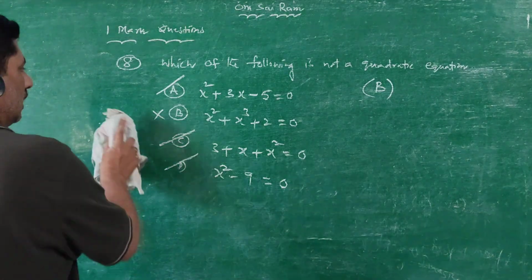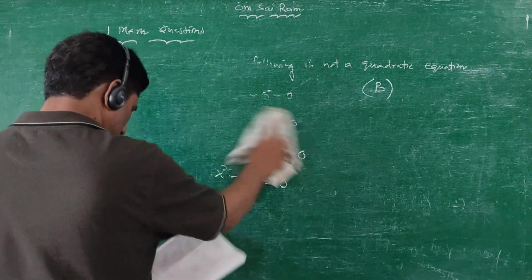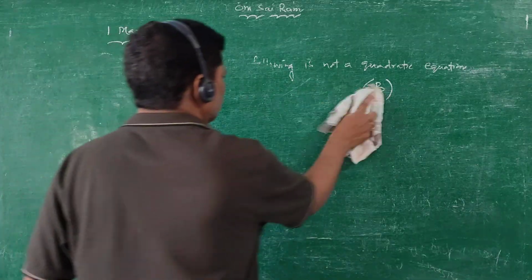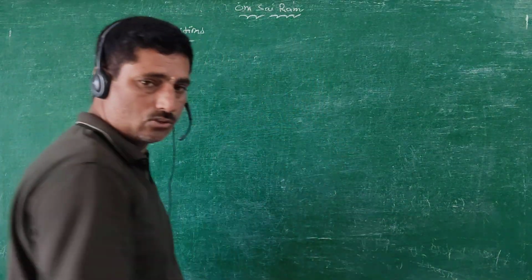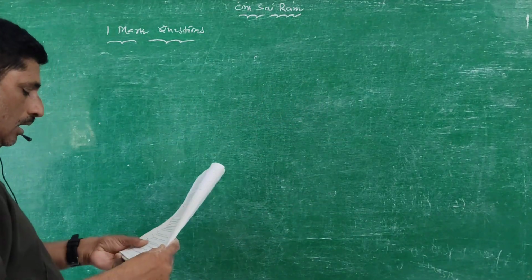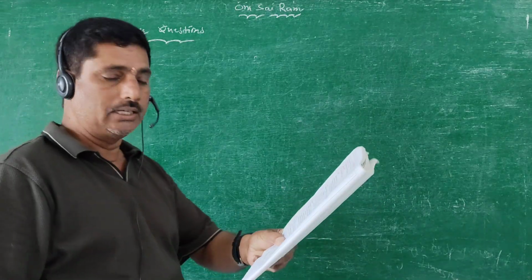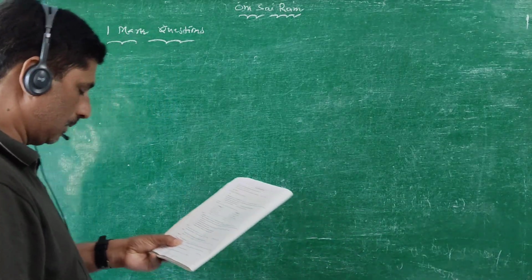In the ninth question, they gave an equation which is not in simplified form. After simplifying, we have to verify whether it is a quadratic or some other equation.